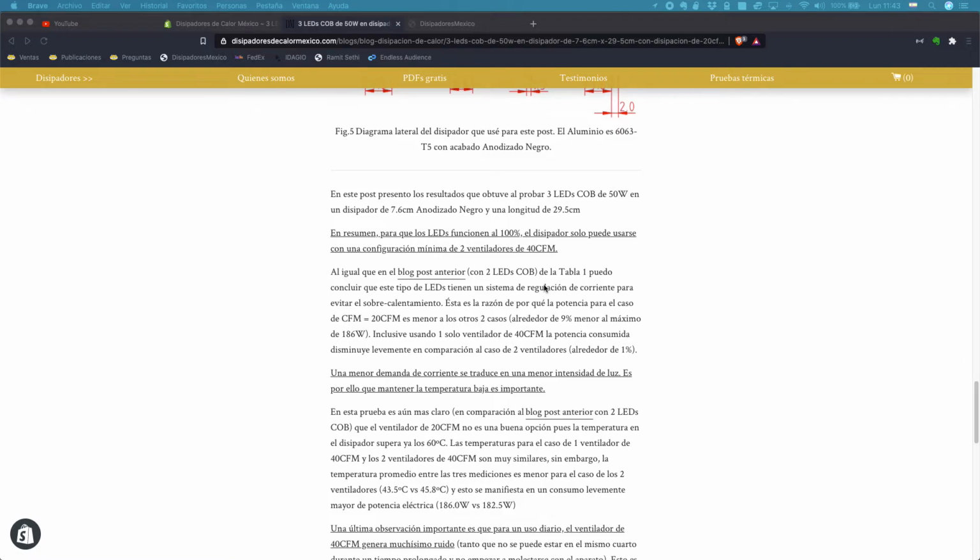And the reason is that even with one 40 CFM fan, the consumed power is reduced about 1%, and for the 20 CFM fan, the power consumption is reduced about 9% with respect to the maximum consumption that I got with 2 40 CFM fans.